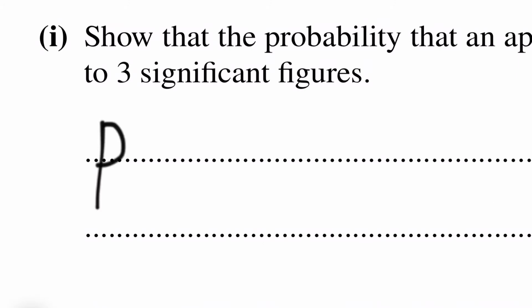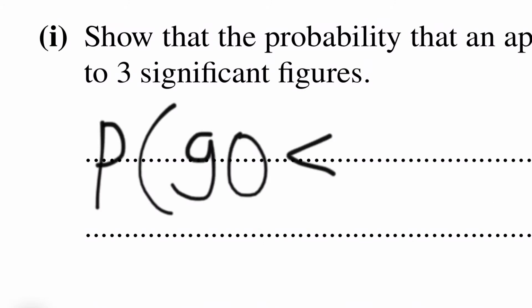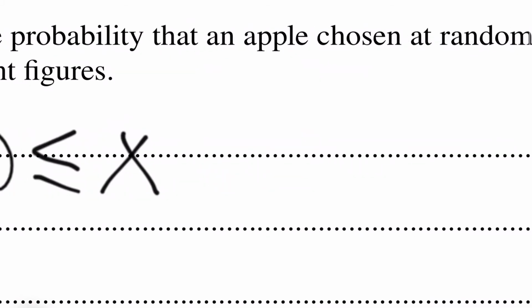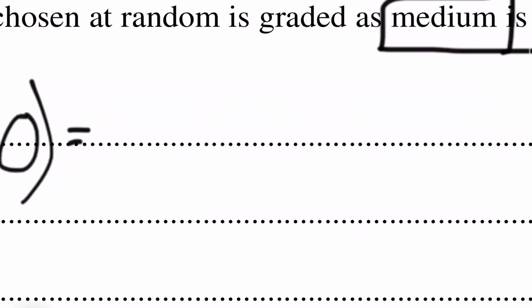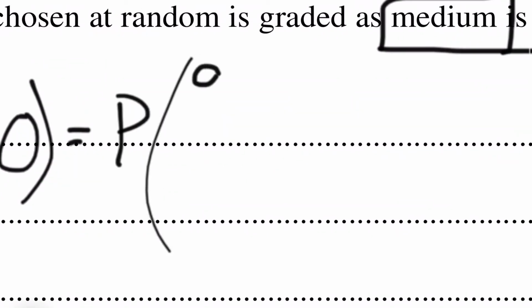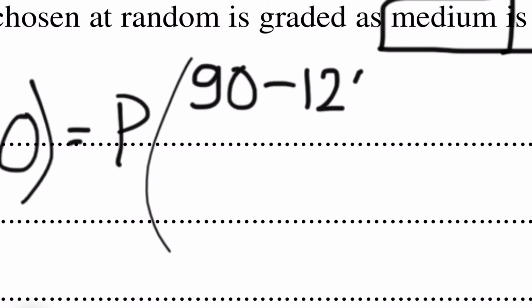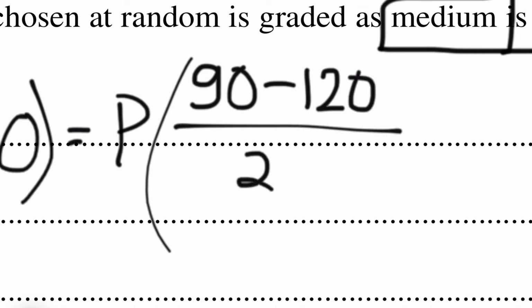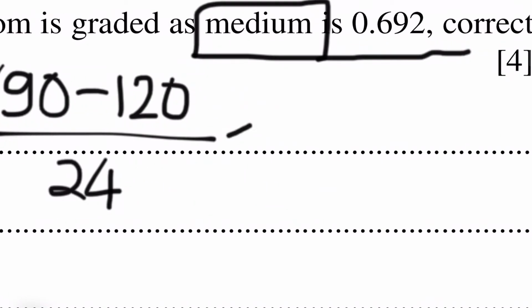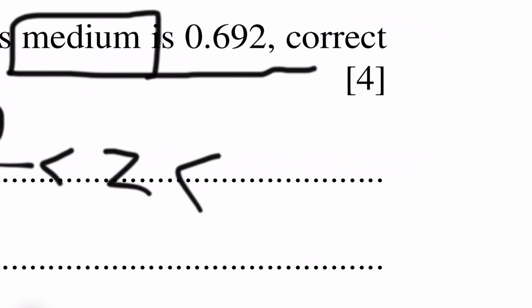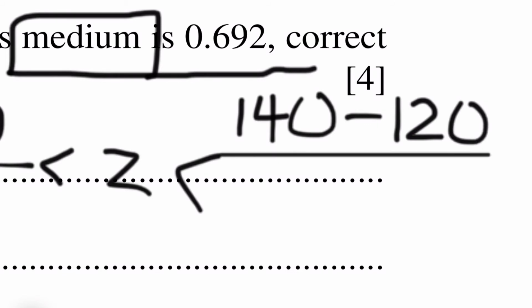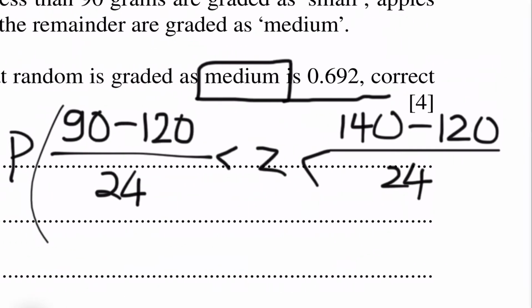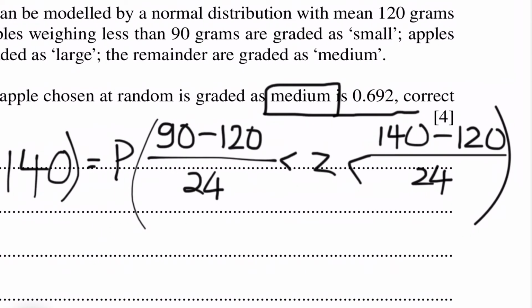So it will be the probability of getting 90 is smaller than x, is smaller than 140, is equal to the probability of getting 90 minus 120, which is the mean, divided by 24, which is the SD, Z, and 140 minus 120 divided by 24, and close parenthesis.